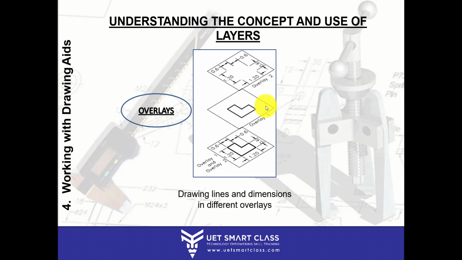And where all the lights are coming, where all my other ceiling points are coming, so that nothing overlaps. For example, if I'm working on an office layout, in a false ceiling I have so many options. I have to give fire control, smoke detectors, AC ducting, AC ducts. So many things are there.